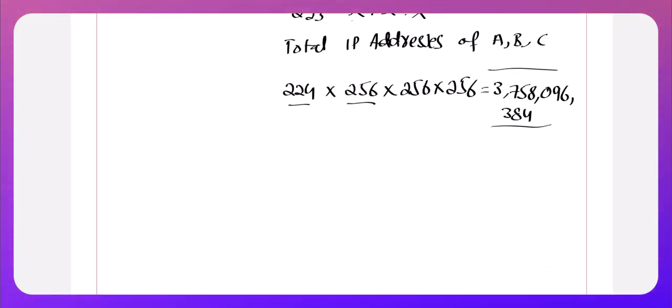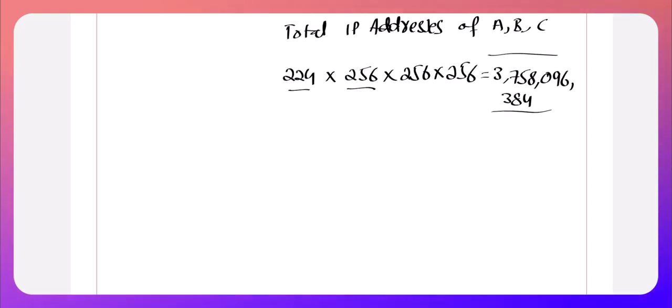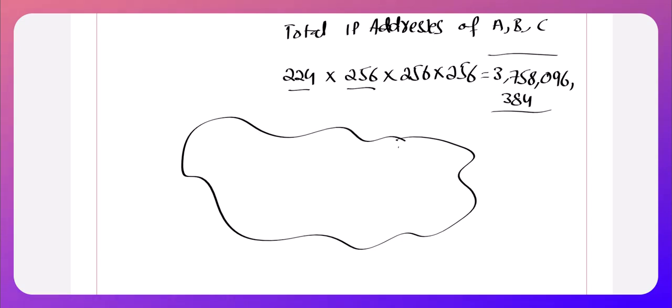Now let's suppose all of them are usable addresses, and for example we have only a single network, the internet, meaning the public network.